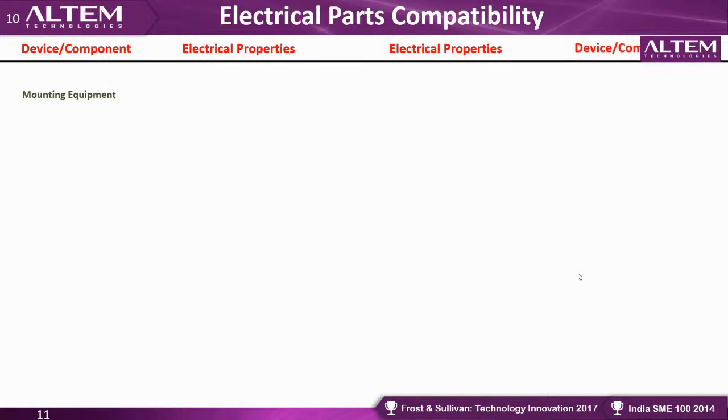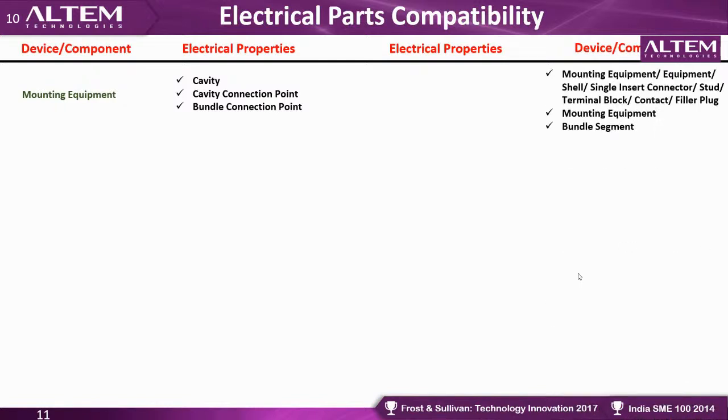So wherever there is a mounting equipment, it has to be defined with one of these connection points, whether it should be a cavity connection point or bundle connection point. So the possible mating component for mounting equipment can be an equipment, connector, stud, terminal block, or a bundle segment.